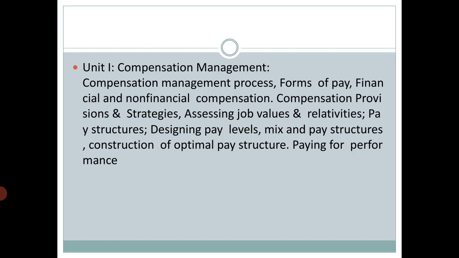So in this particular unit we will go through the compensation management process, then the different forms of pay, financial and non-financial compensation, then compensation provisions and strategies, assessing job values and relativities, pay structures, designing pay levels, mix and pay structures, and the construction of optimal pay structure, then paying for performance.